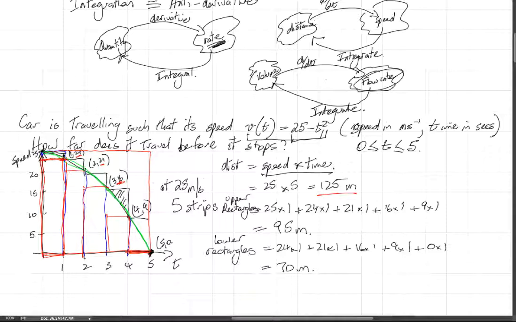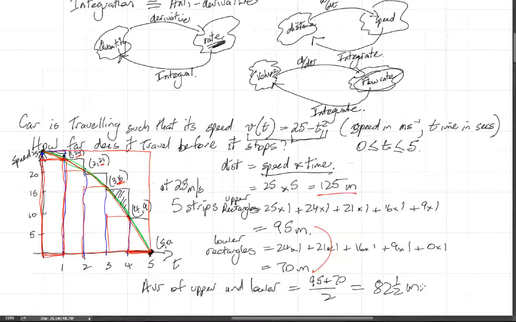Now, if we draw a straight line between that point and that point, those straight lines are going to be fairly close to the curve. Not quite on it, because the curve obviously has got a bend in it. So if we could find the average of the upper and lower, and to find the average of two numbers, we simply add the two numbers and divide by 2, and with that we get 82.5 metres.